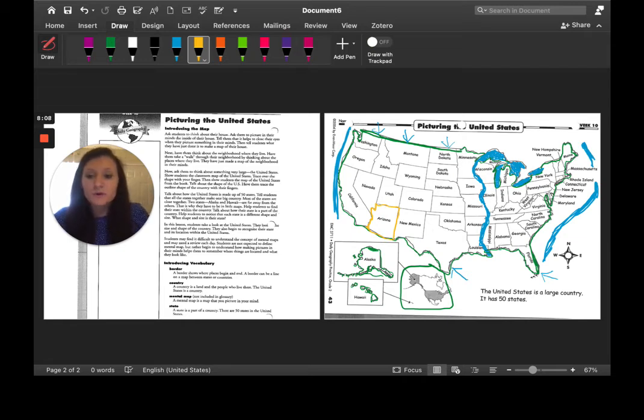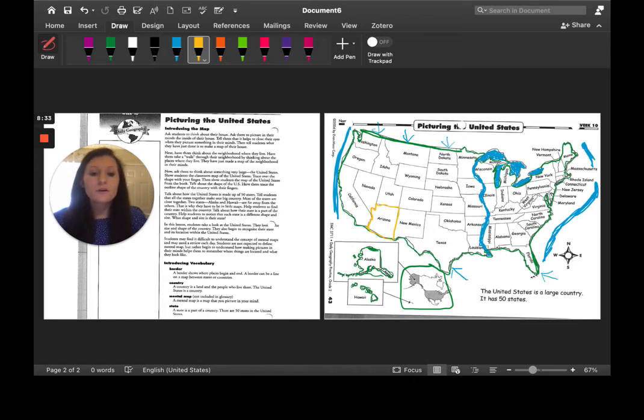And then, of course, below it would be Mexico, but that is not a part of the United States. And so, again, Arizona is one of the states that make up the whole United States of America.